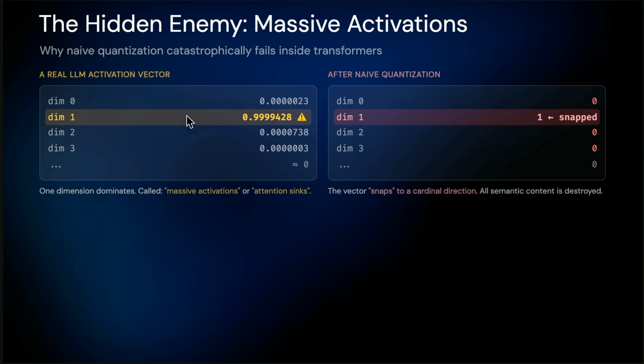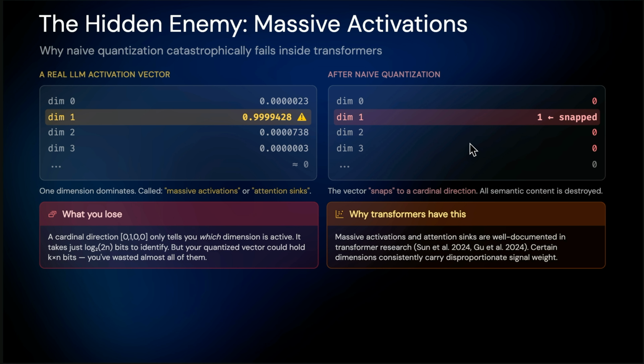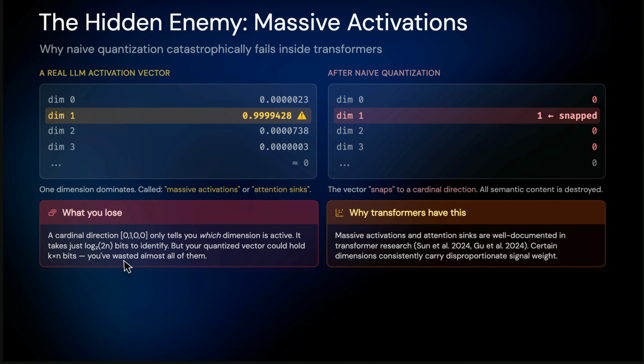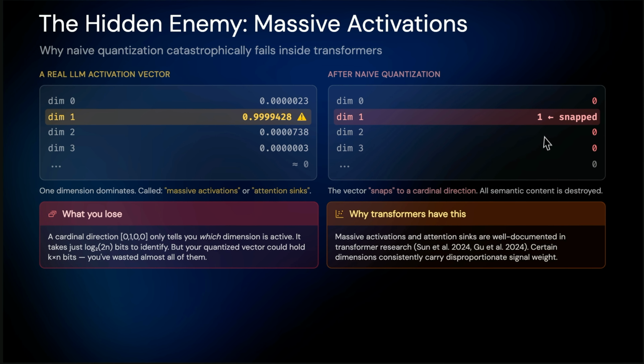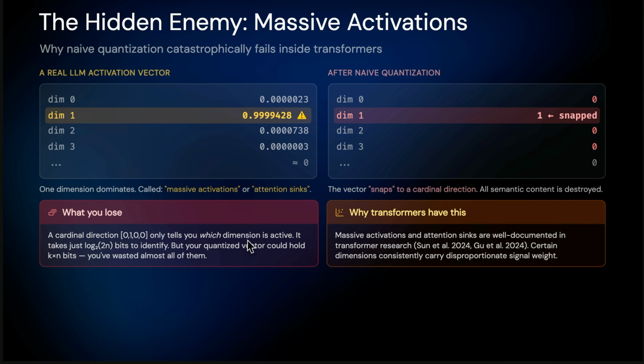So if we try to quantize this vector, we can see on the right side that we snapped dimension 1 to 1 and the rest of the dimensions to 0. This means the vector gets snapped into its cardinal direction and all the semantic content is destroyed. So what did we lose here? A cardinal direction like 0, 1, 0, 0 only tells you which dimension is active, but the rest of the information we are losing.